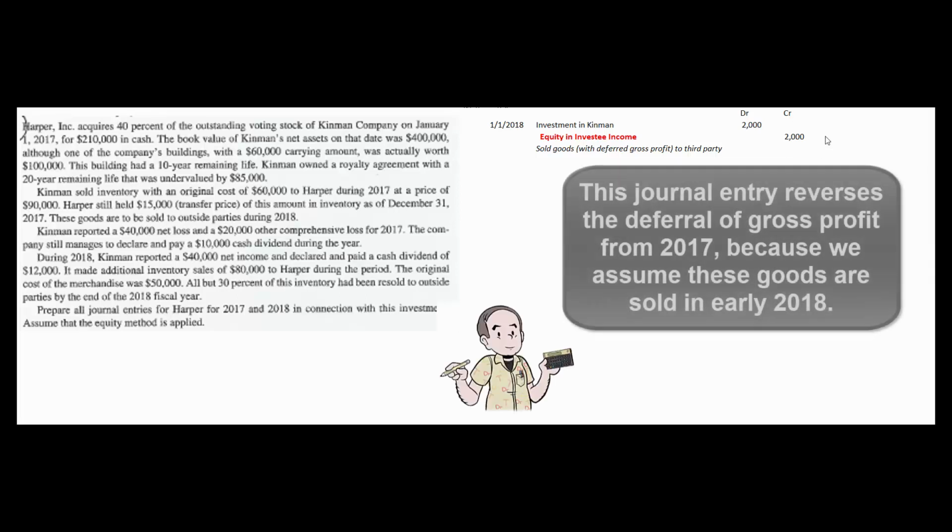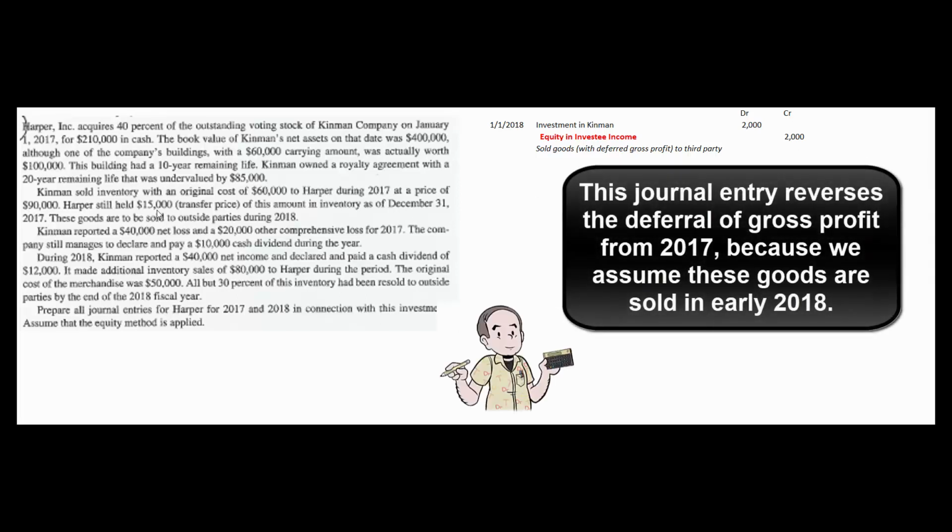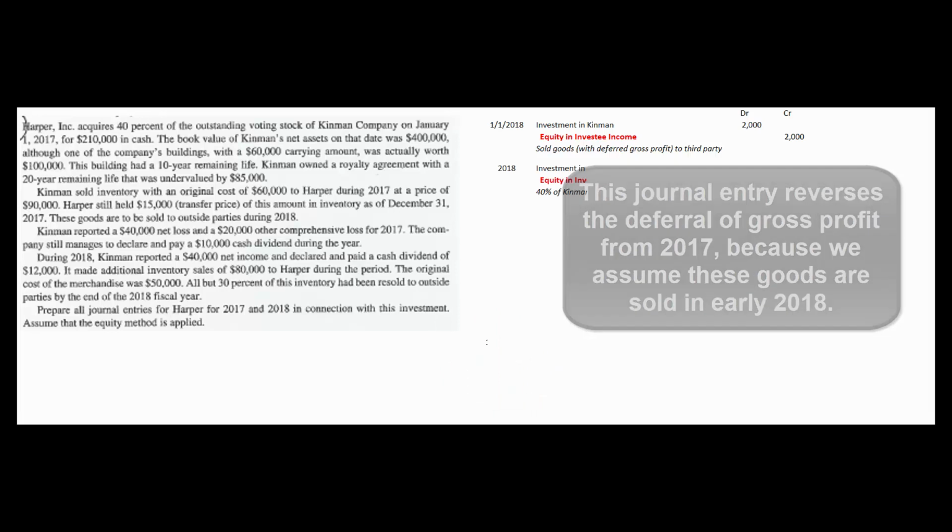So let's take a look at the 2018 journal entries. Let's say that on January 1st, they sell those $15,000 worth of goods, they being Harper. And so we finally get to book that deferred gross profit. So we increase our equity investee income and increase our investment in Kinman by that $2,000 worth of deferred gross profit that was deferred at the end of 2017.